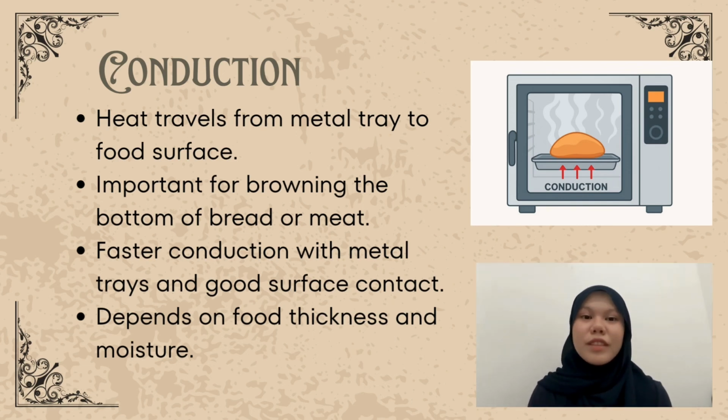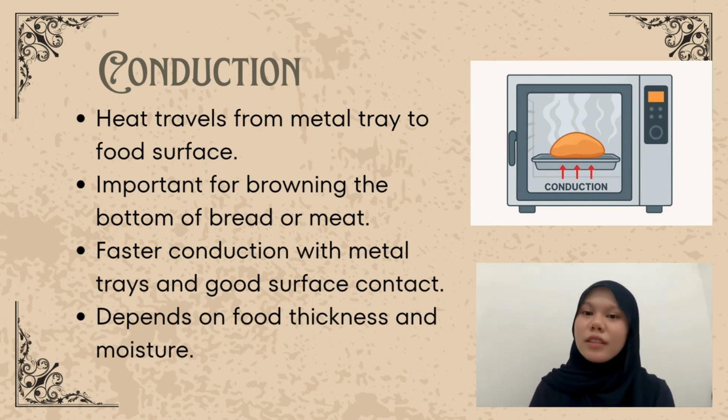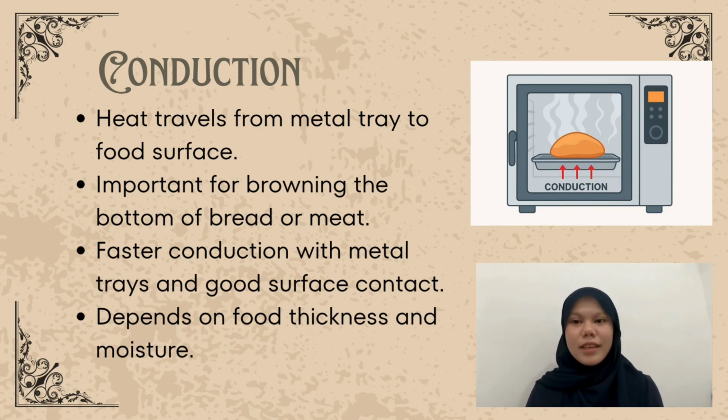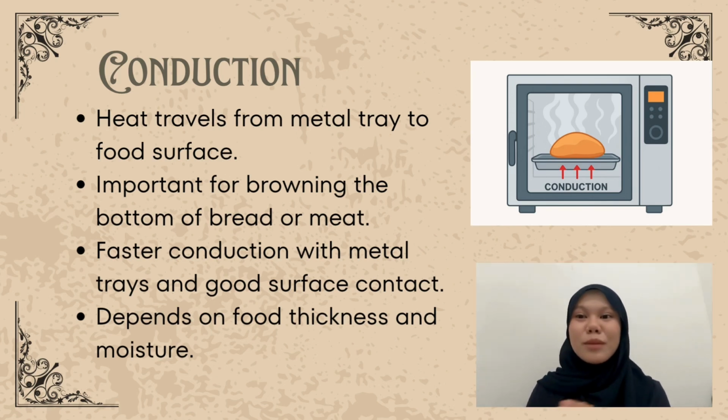Conduction works better when the tray is metal and has good contact with the food surface. The speed of conduction also depends on how thick or moist the food is. Thinner, moist food heats faster. In the picture, you can see how the tray touches the base of the food, allowing the heat to move through it.